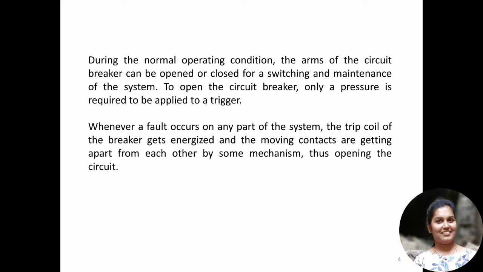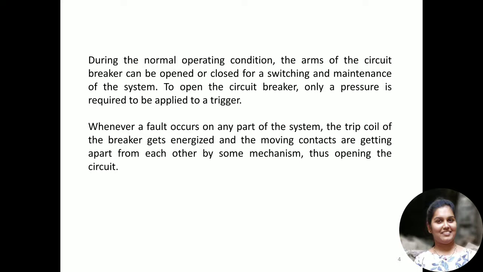To open a circuit breaker, just a pressure is required to be applied to a trigger. When a fault occurs on any part of the system, the trip coil of the breaker gets energized and the moving contacts move apart from each other by some mechanism, thus opening the circuit.